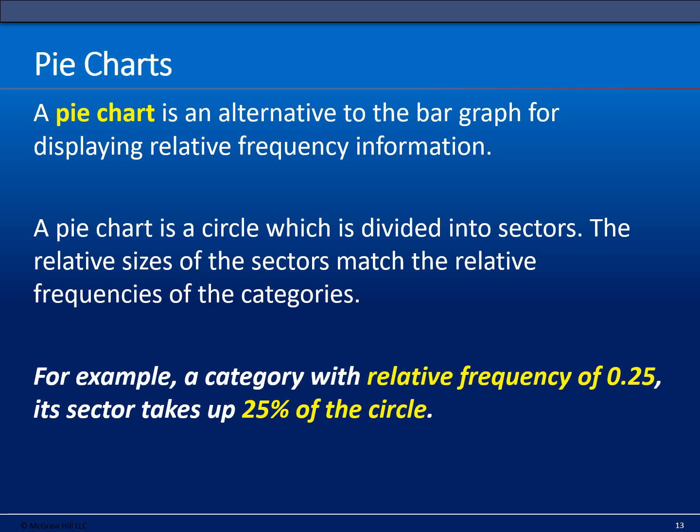Again, when we're talking about relative frequencies, we can think of these numbers as percents. So if your relative frequency is 0.25, that means 25% of the respondents answered that category, and so a quarter of the pie would be represented by that category.